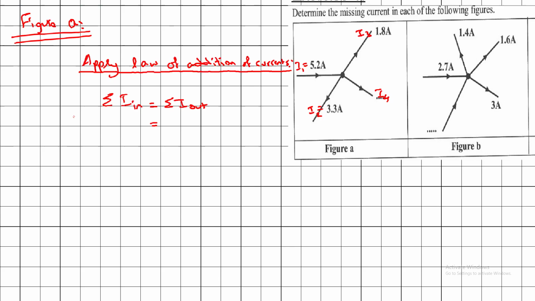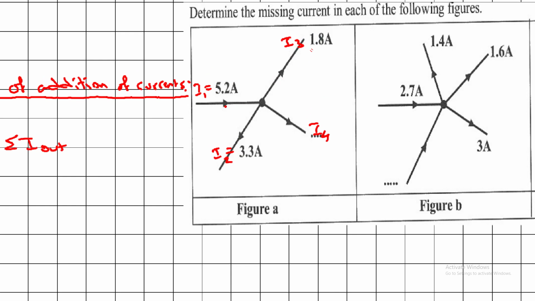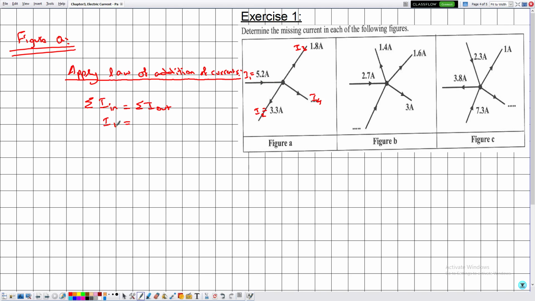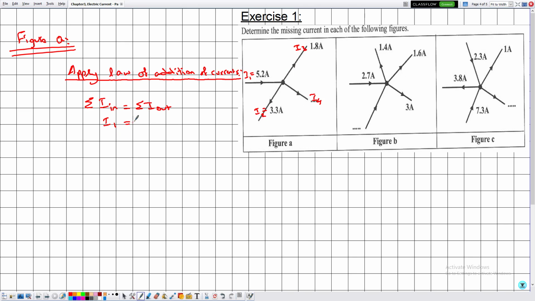On the left hand side we write the currents entering the node, determined by referring to the arrow. This arrow is pointing into the node, so it's I1. This current, this current, and this current are all pointing outside the node, so they are I out: I2 plus I3 plus I4.